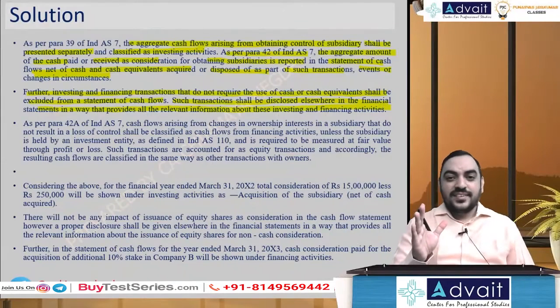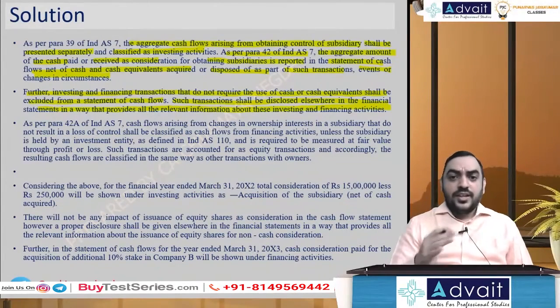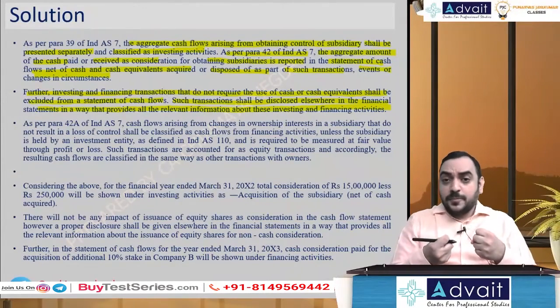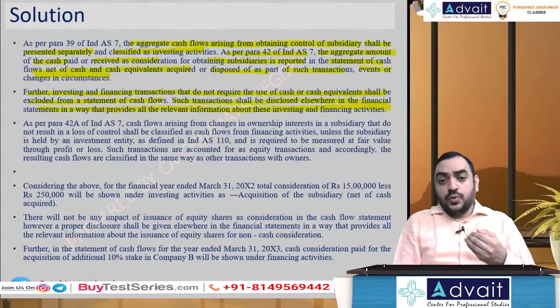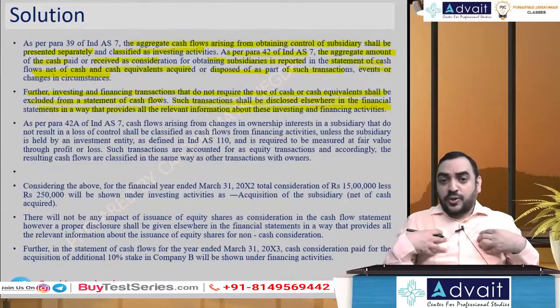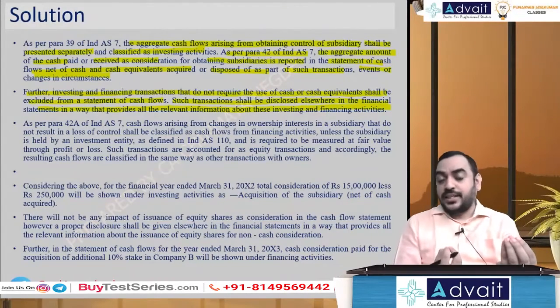Okay, they have given this, but what is the simple understanding? When you acquire a subsidiary company, you are going to issue shares. You are going to make payment, and that's what is called purchase consideration. So from an investor point of view, purchase consideration goes out, net assets come in.